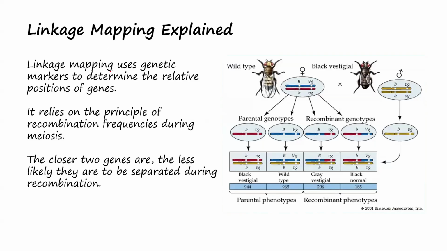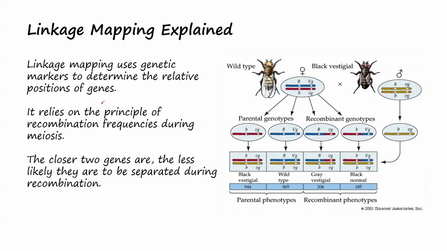In linkage mapping, we use genetic markers to determine the relative position of the genes. Generally, linkage mapping cannot precisely tell you the exact location of the genes. Rather, it gives a probability.